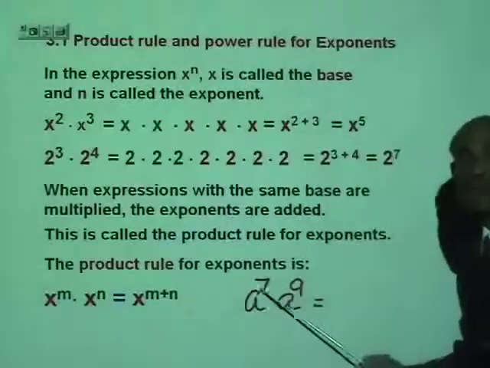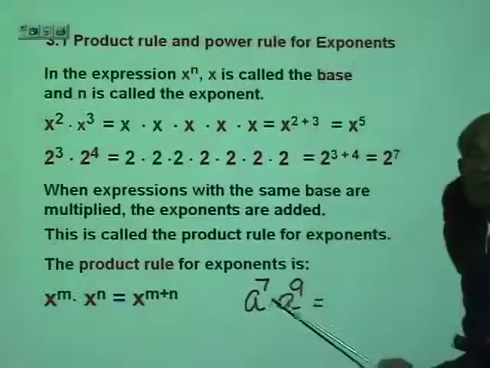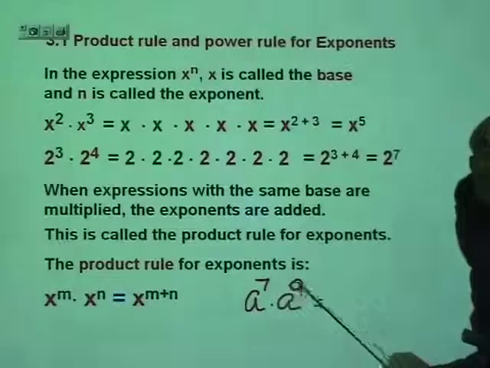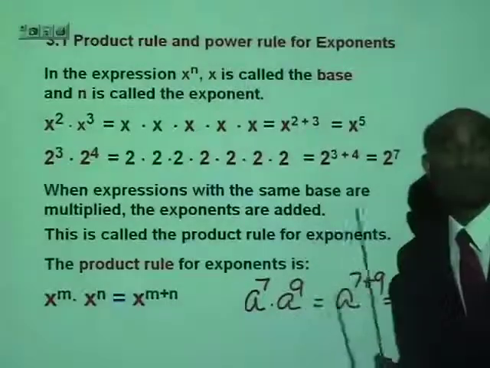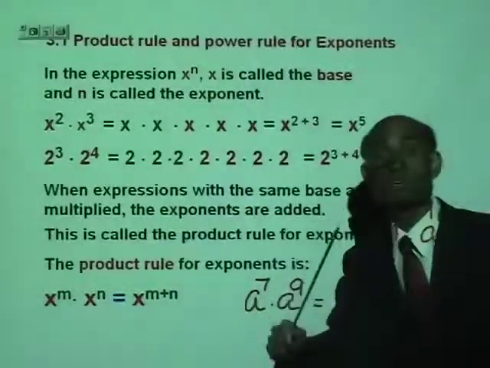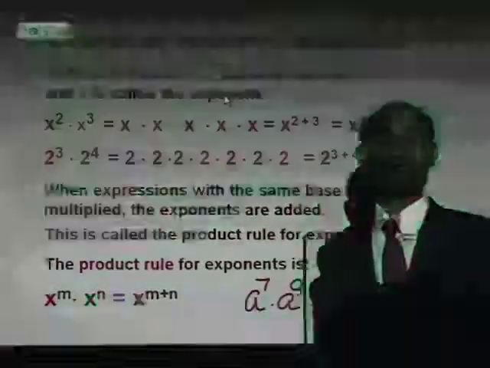What is a to the power of 7 multiplied by a to the power of 9? That will be equal to a to the power of 7 plus 9. That will be a to the power of 16. I hope you understand this. That is the product rule, and we will be using it very often as we move on.